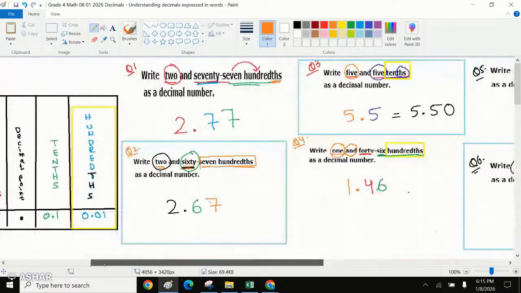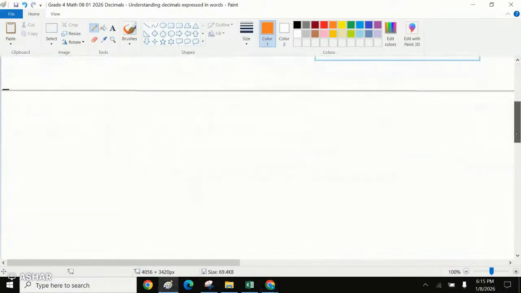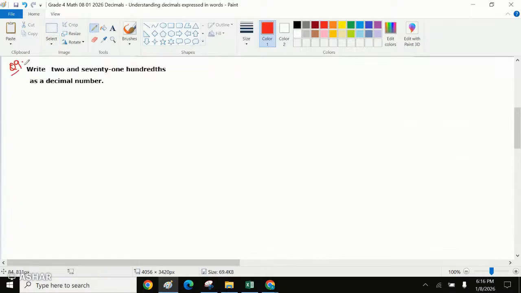Okay, moving on to the next question, question number 9. Let me just copy question number 9. Meanwhile, we can have a look on the screen. The question number 9 says, write 2 and 71 hundredths. This is question number 9.